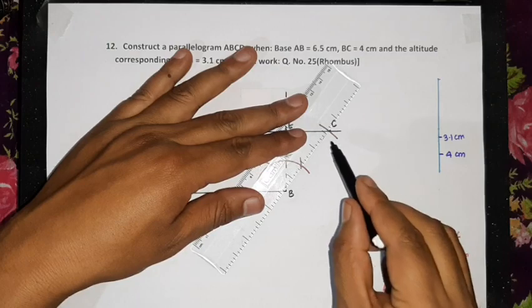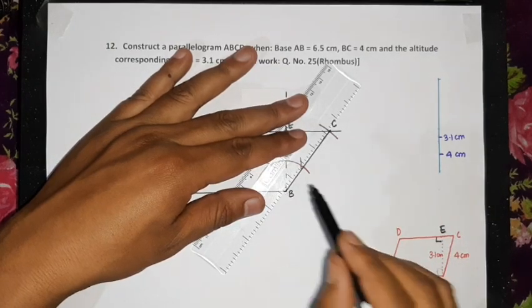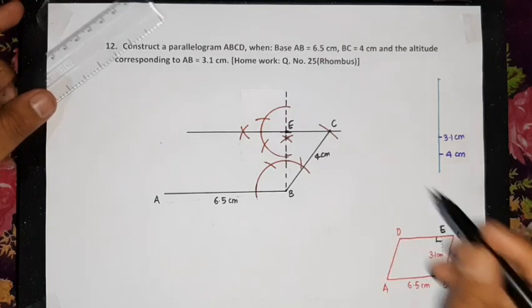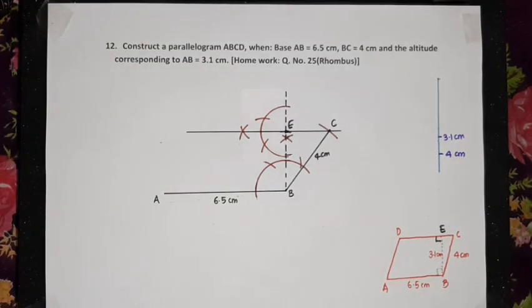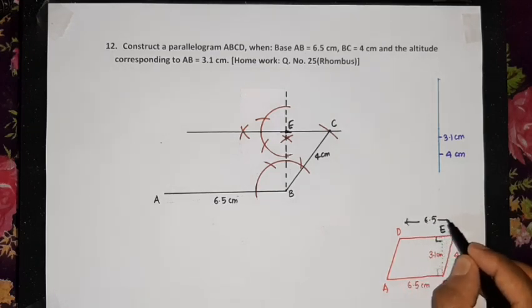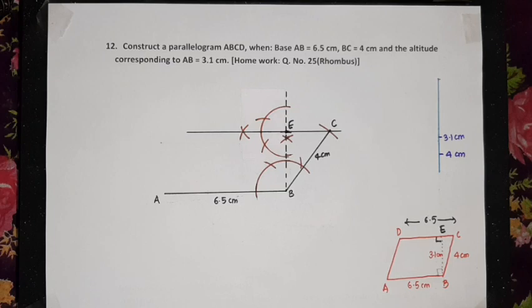After joining I am getting BC, which is exactly 4 centimeter. And again we know that if this is 6.5, this CD is also going to be 6.5. Similarly, if BC is 4, this is also going to be 4 centimeter.